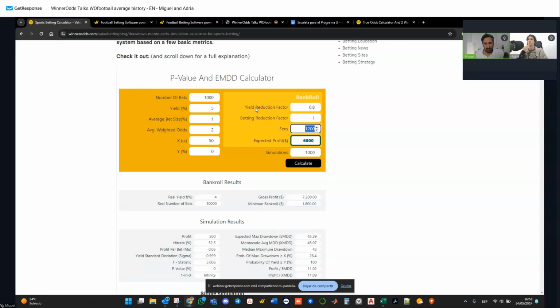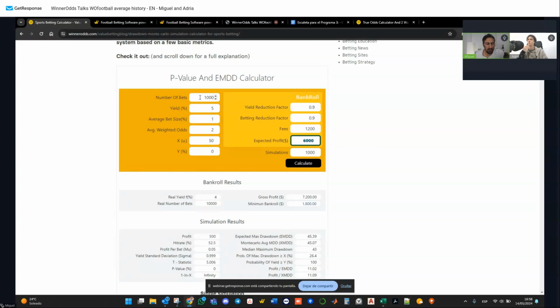I have here two parameters because probably we will obtain lower yield than the tipster or the system and a lower number of bets, so we can be a little bit conservative here. I will obtain 90% of the yield of the system and I will place 90% of the bets of the system.